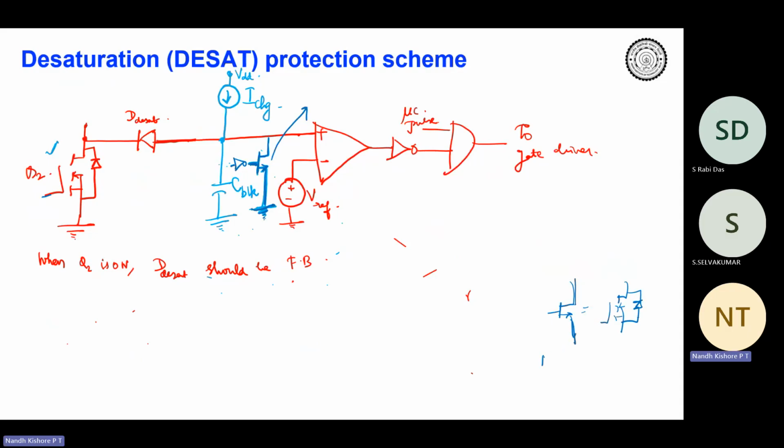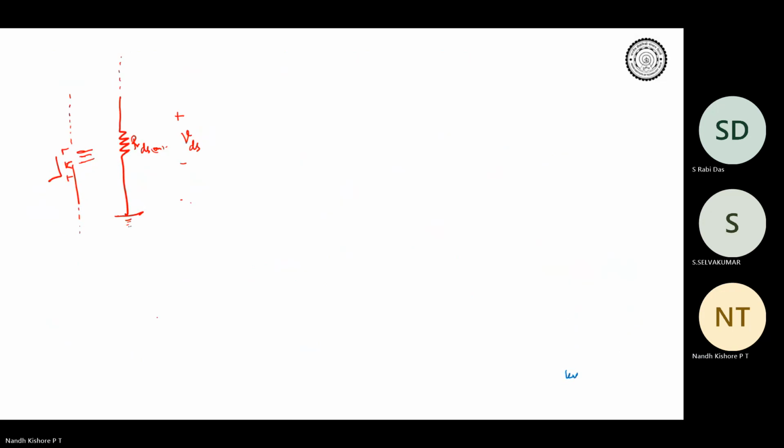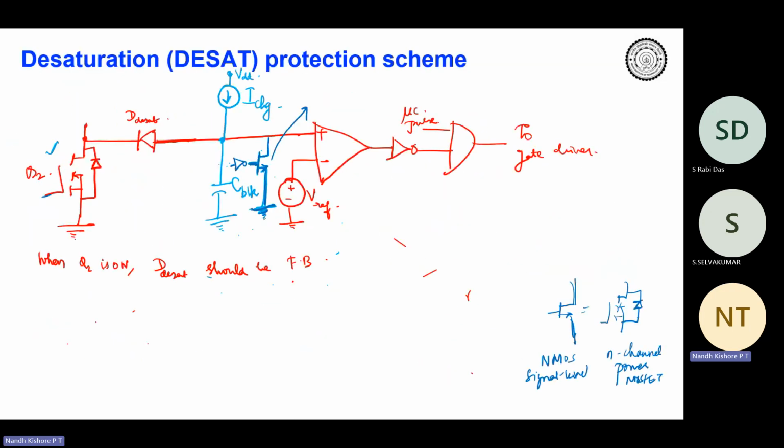This is also an enhancement mode NMOS, and this is also a MOSFET. But this is an N channel power MOSFET, which is used as a switch for power applications, and this is an NMOS, or signal level MOSFET. This is just to differentiate between the two.